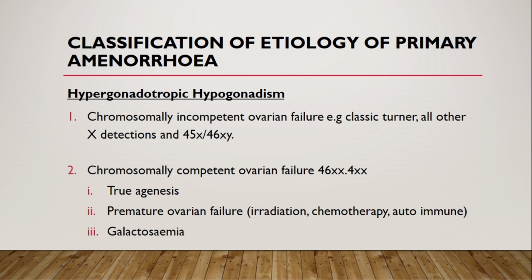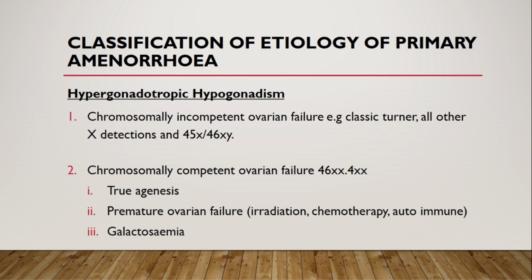And we can see this in the classical case of Turner syndrome, or all other X deletion syndromes, and 45X/46XY, which we call classical mosaic Turners. We're going to discuss some of this later on in the lecture.